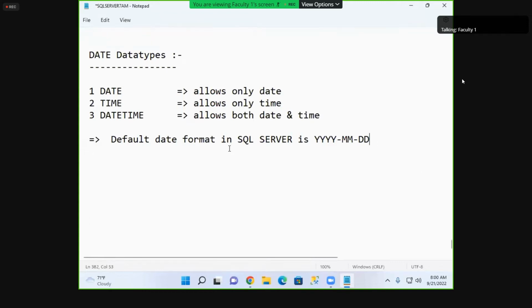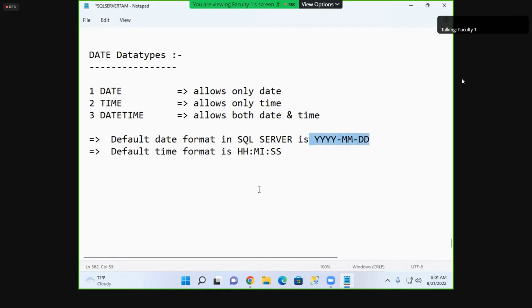Time format is the same everywhere: HH:MI:SS, hours, minutes, seconds. But the default date format is YYYY-MM-DD, year, month, day.